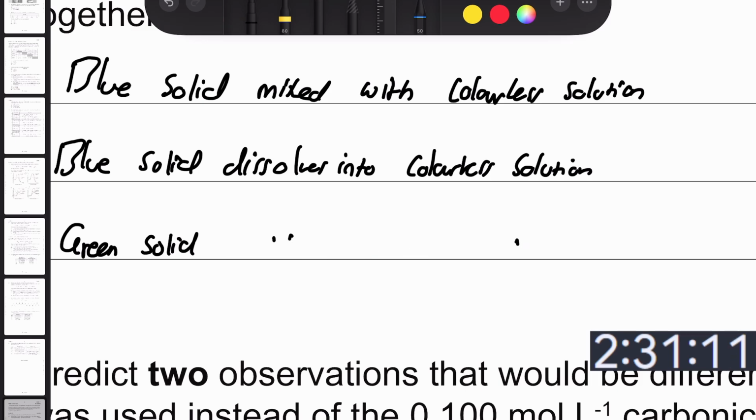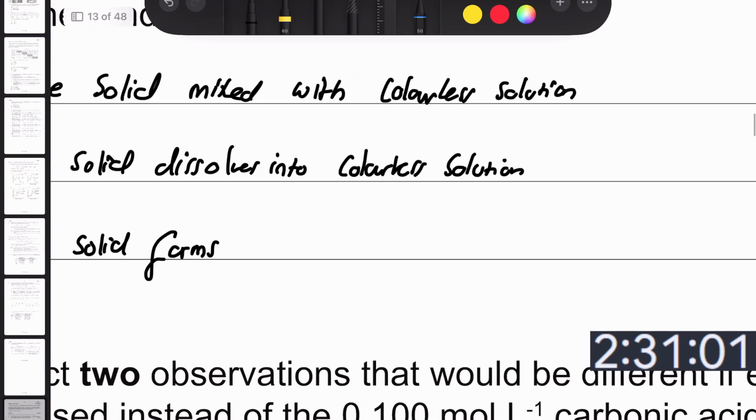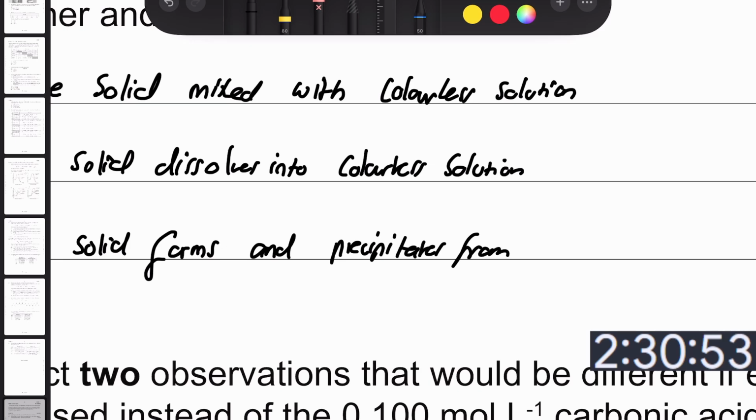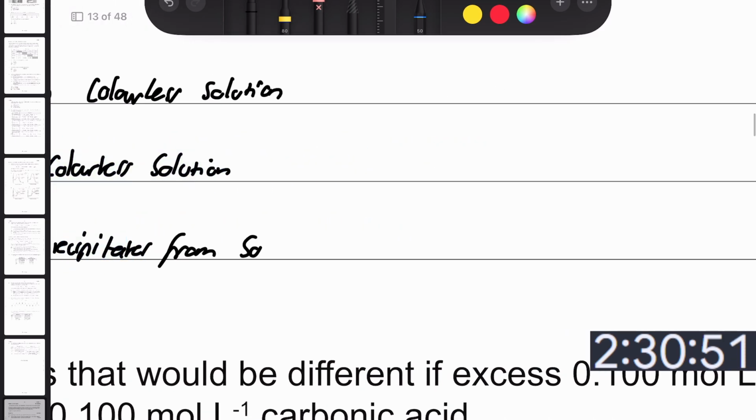Or should I just say forms? Green solid forms from solution. Or forms and precipitates. From colorless solution.